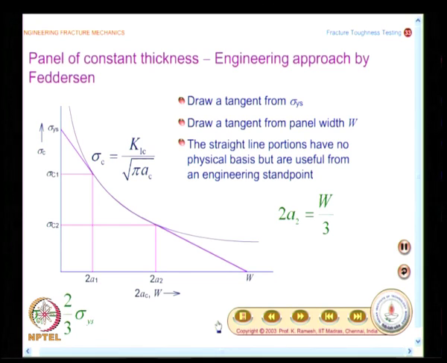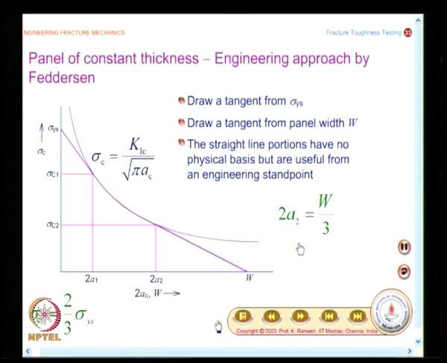So, this is the reason in the screening criteria we have said that the failure stress should be greater than or less than 2/3 sigma ys. It was 2/3 sigma ys, less than that. So, it should happen only in this region. So, you want to preclude what happens in this region, and if you draw a tangent from W, you have this as the corresponding point as 2a2 equal to W/3.